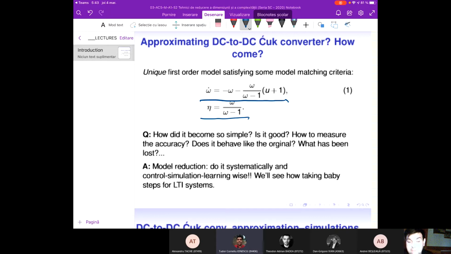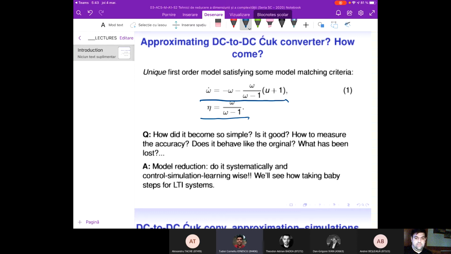And the question is, how did it become so simple? Is this model a good model? How can we measure the accuracy of this model? Does it behave like the original? These are very natural questions, because the two objects are not the same thing. One is the original, the second one is an approximation of it, and we have to ask ourselves how good this approximation is. What has been lost in this process?